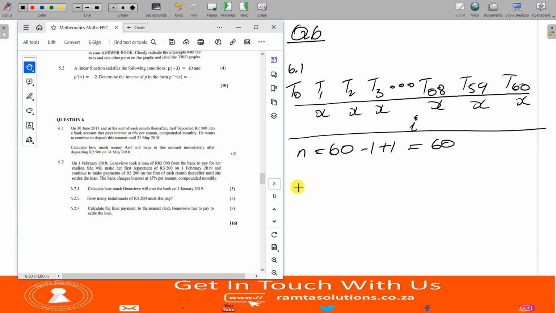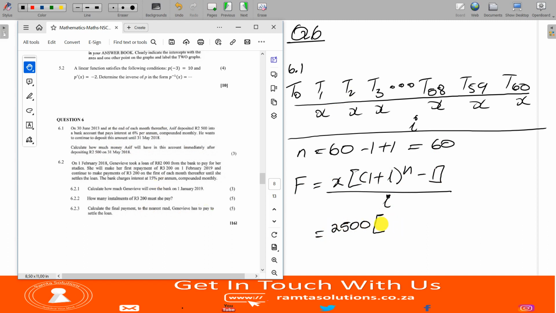So let's proceed. What we know: F equals x times open bracket, open bracket 1 plus i to the n minus 1, close bracket, minus 1, close bracket, all over i. What are his monthly payments? They are 2,500. And what is his interest?